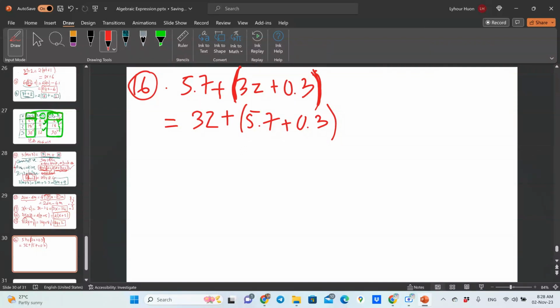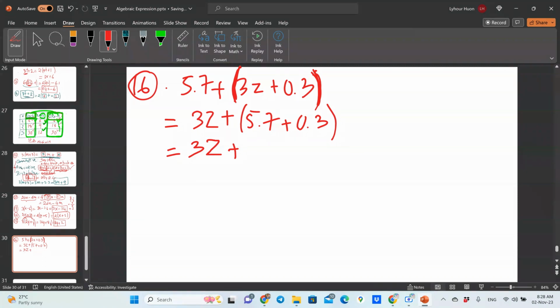Associative is the ability to change the groups while the result remains the same, but it only works with addition or subtraction in the parentheses.